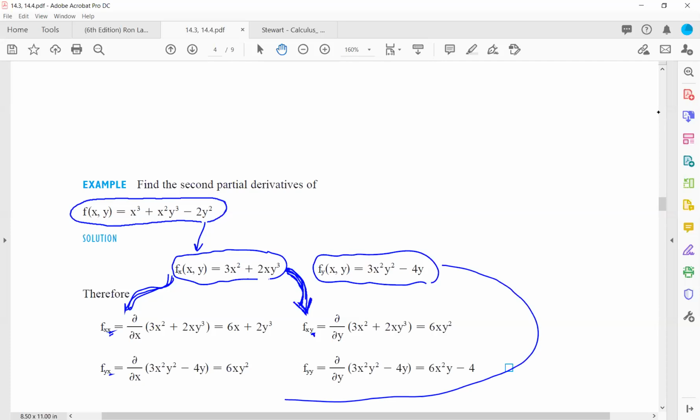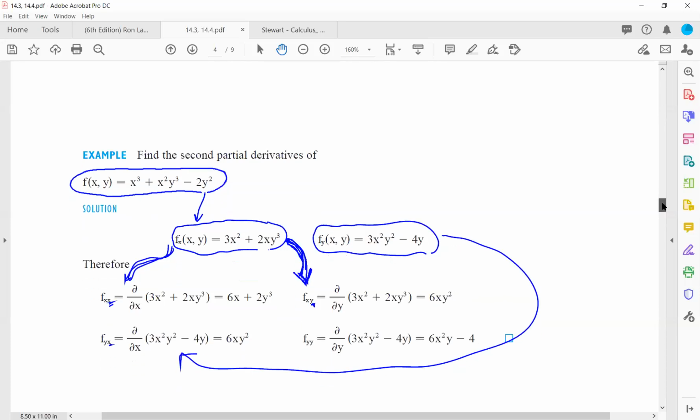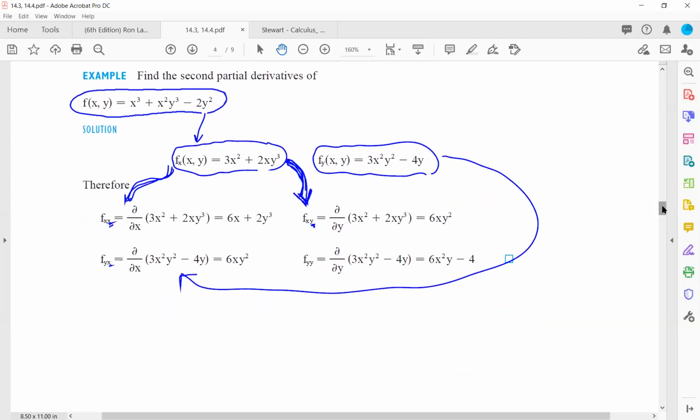Here you are using this function. The derivative of 3x squared y squared with respect to x is 6x y squared, and the derivative of 4y with respect to x is 0.